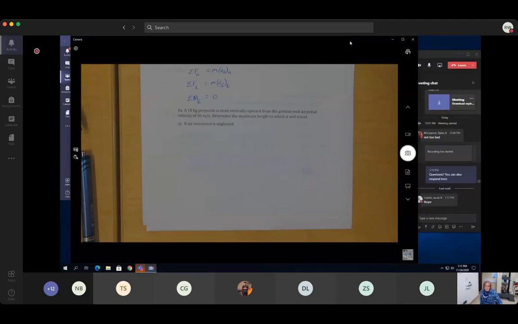So we have an example. We have a 10 kilogram projectile being fired vertically from the ground with an initial velocity of 50 meters per second, and we want to determine the maximum height to which it will travel. Okay, so what do we know?